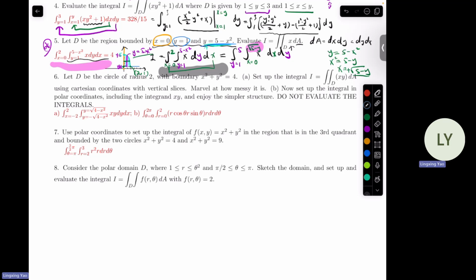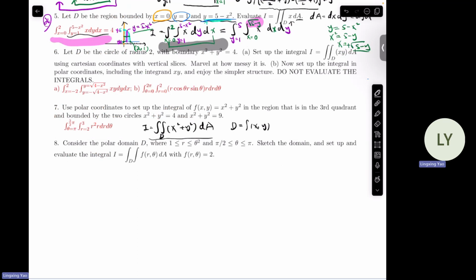The most important part of finishing this question is to identify where the domain is in terms of the polar coordinates. But because the domain is actually given in Cartesian coordinates, how about we just try to write it down in Cartesian coordinates first.